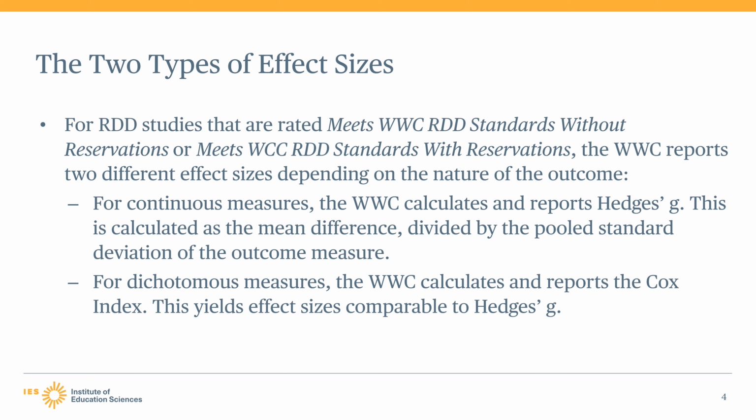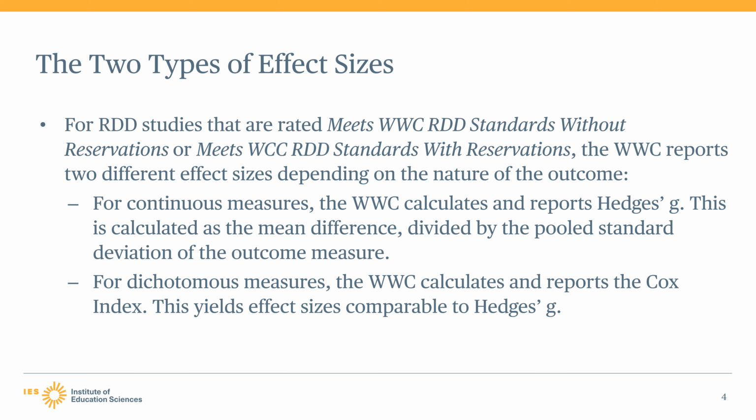For regression discontinuity design studies that are rated meets WWC RDD standards without reservations or meets WWC RDD standards with reservations, the WWC reports two different types of effect sizes depending on the level of measurement of the outcome.